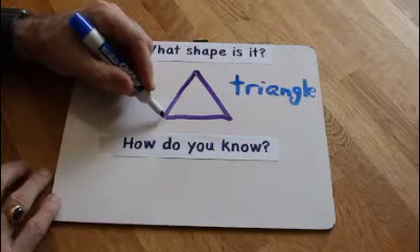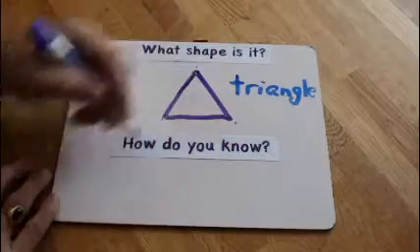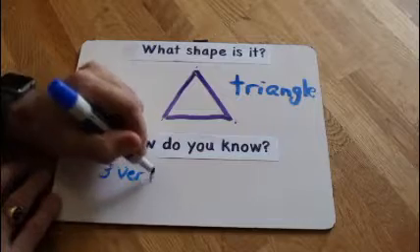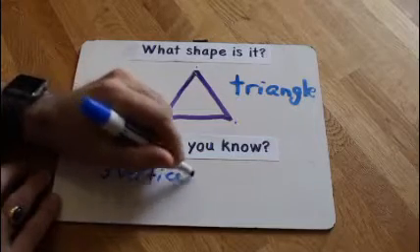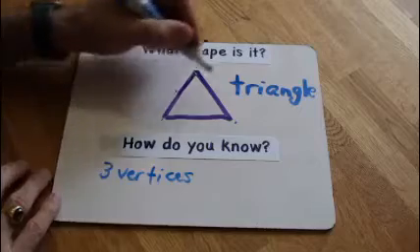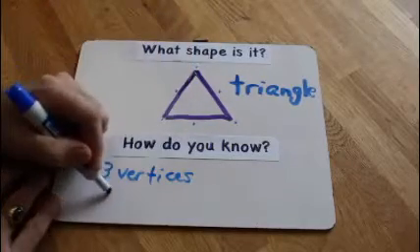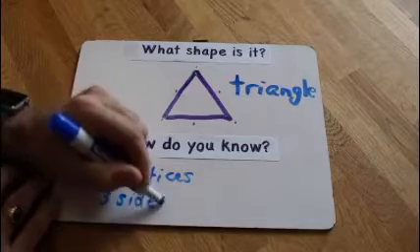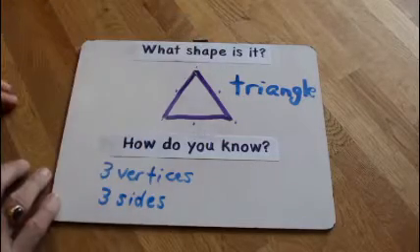Okay, so how many do we have? 1, 2, 3. 3 vertices and 3 sides. 1, 2, 3. 3 sides, 3 vertices makes a triangle.